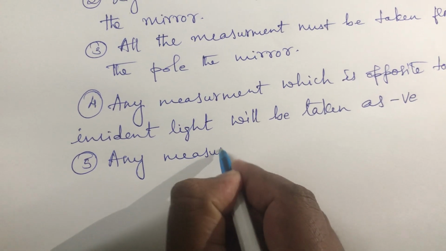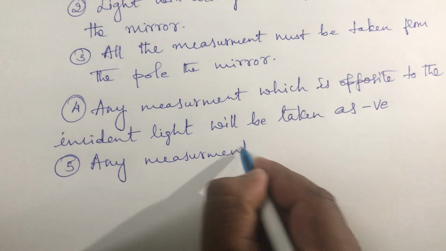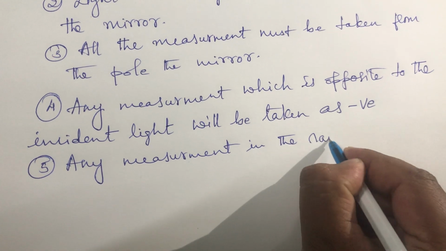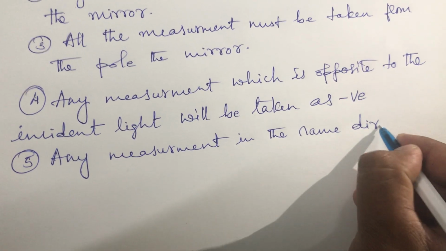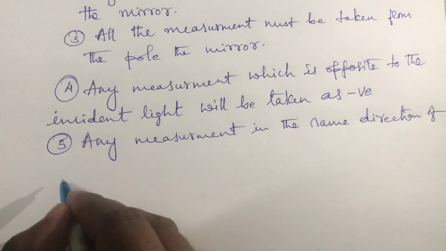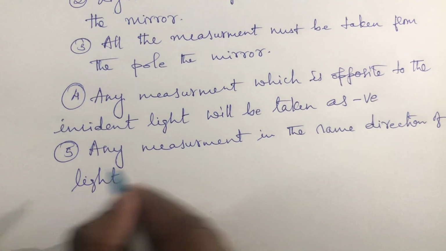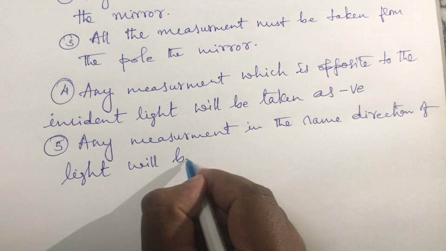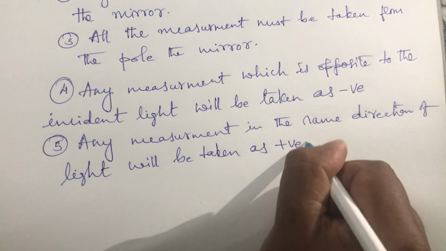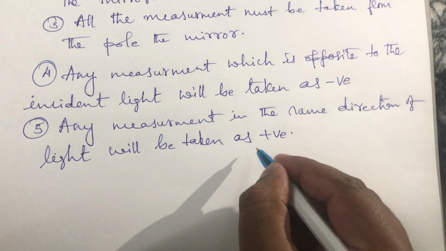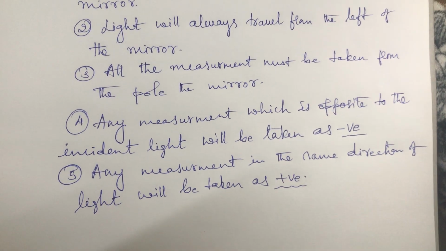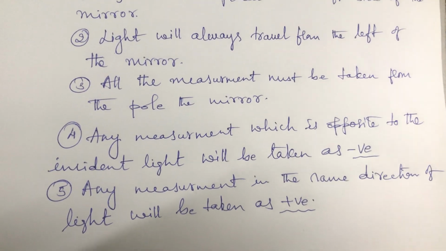Any measurement in the same direction of light will be taken as positive. This is the considerable thing here, the taking of positive and negative while solving numericals.